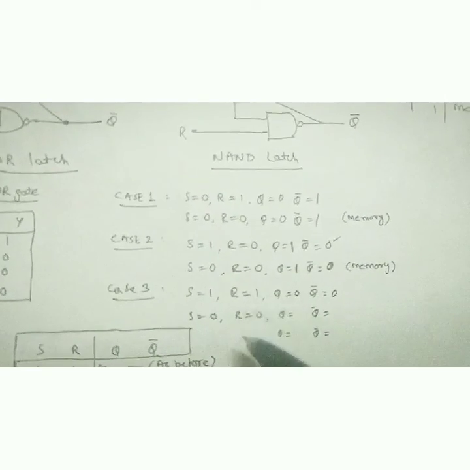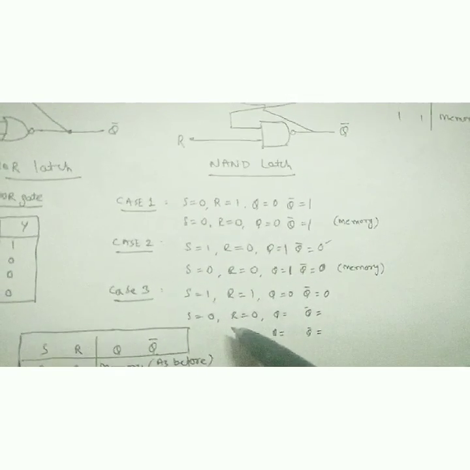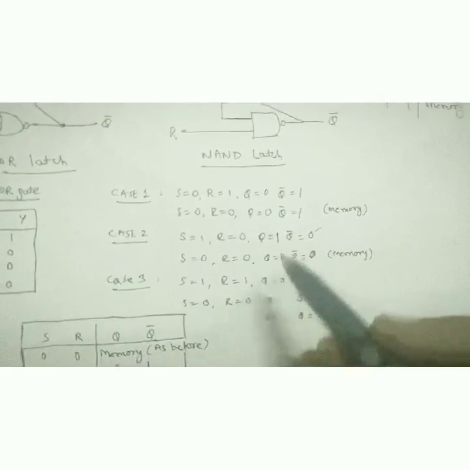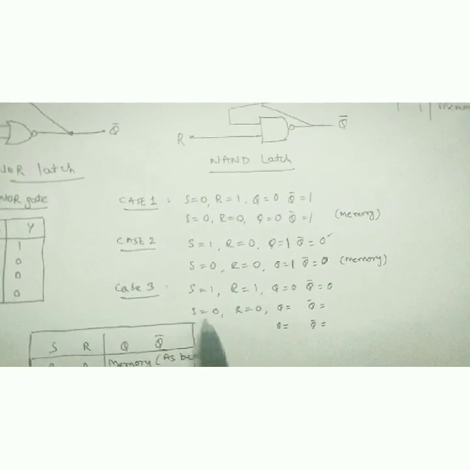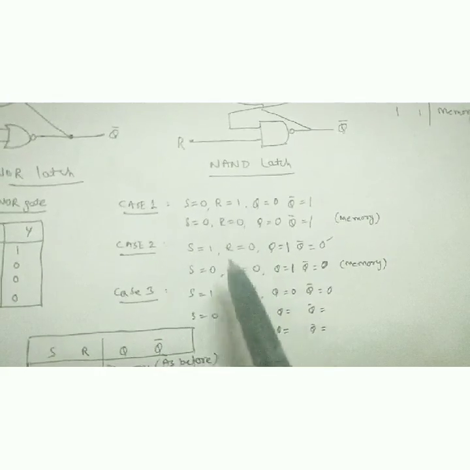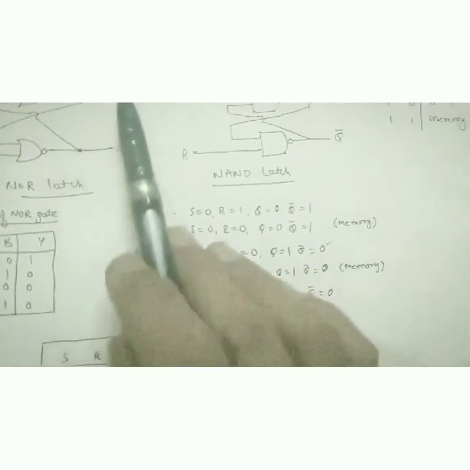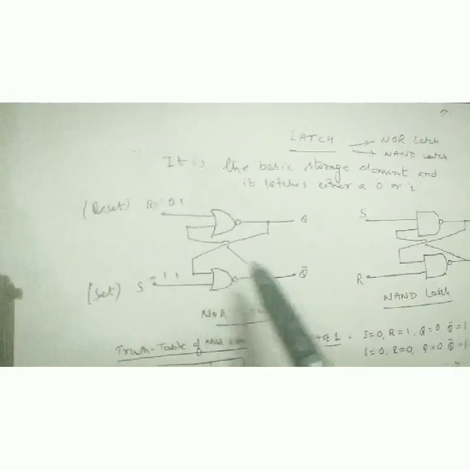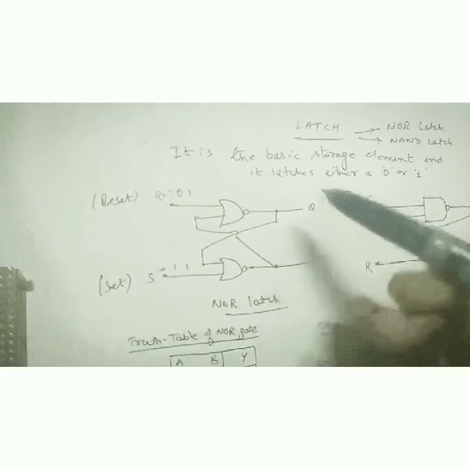Now considering another aspect, suppose both the inputs are removed like we had done in our earlier two cases. Now let us imagine that these two are 0 and we have removed the inputs S and R, that is S equal to 0 and R equal to 0. So now we'll have a look at this circuit diagram. What will happen?